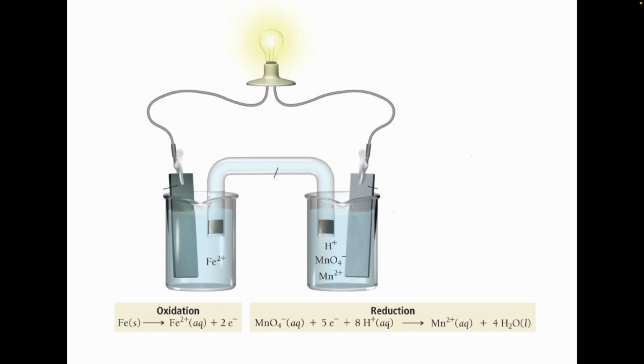I want everybody to take a second and see if you can identify which end should be our anode and which end should be our cathode. I shouldn't have told you which one the oxidation and reduction reaction is.